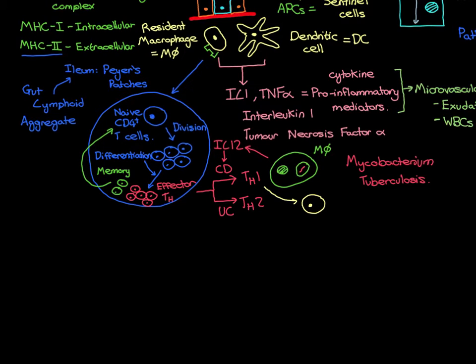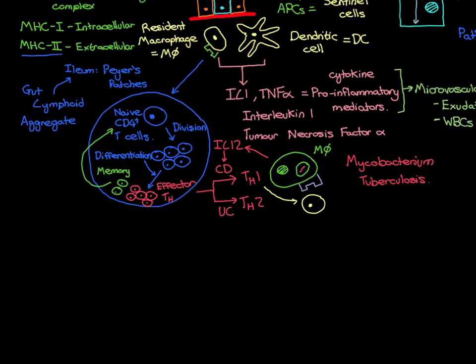They will look specifically for antigen-presenting cells, macrophages in particular, but also dendritic cells that are currently fighting the pathogen that they are targeted against. So let me explain this in a little bit more detail. Here is my macrophage. Let's say this macrophage is now in the lungs. It is fighting Mycobacterium tuberculosis.